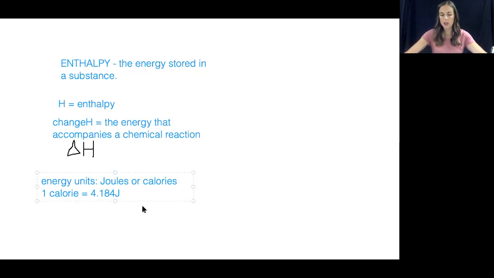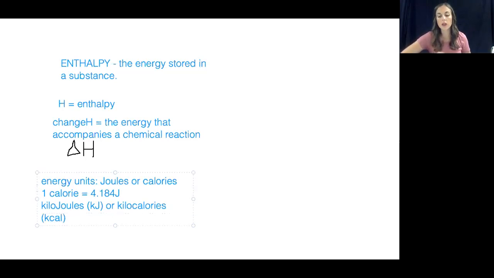And at the top of page 451, it talks about how most chemical reactions involve a lot of energy. So the units that you'll probably see with a change in enthalpy are going to be either kilojoules, which is kJ, or kilocalories, which is kcal.